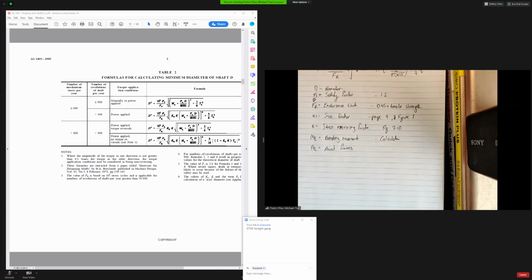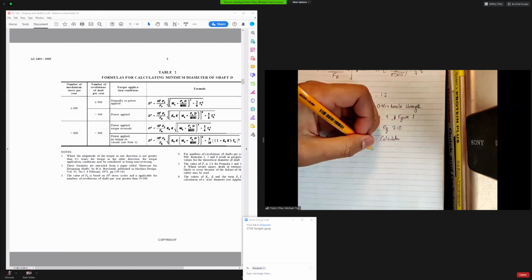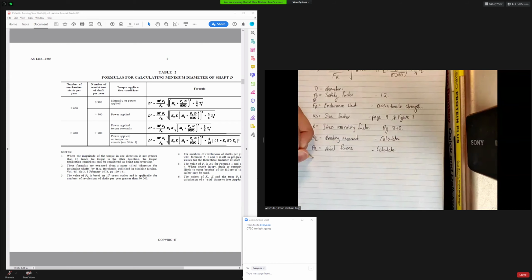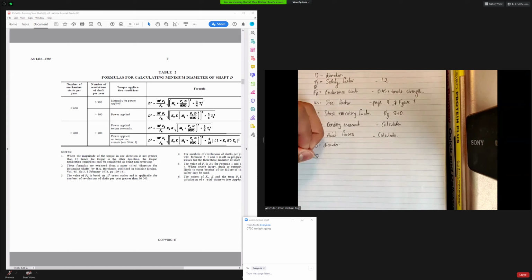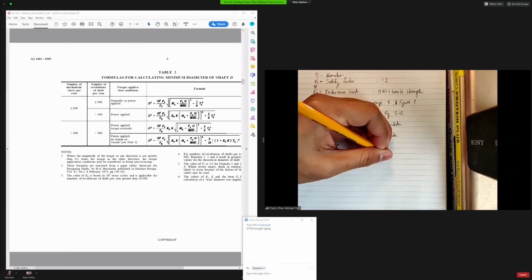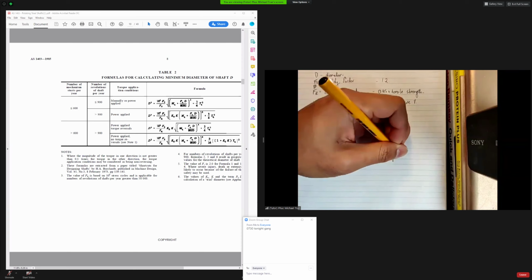Again, you have to look at what's going in and out of your system. You calculate that. D, diameter as well. TQ is your torque running through the shaft.